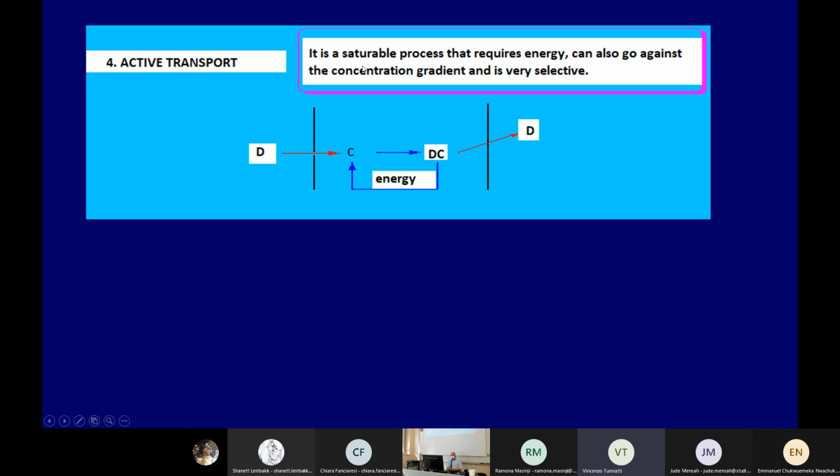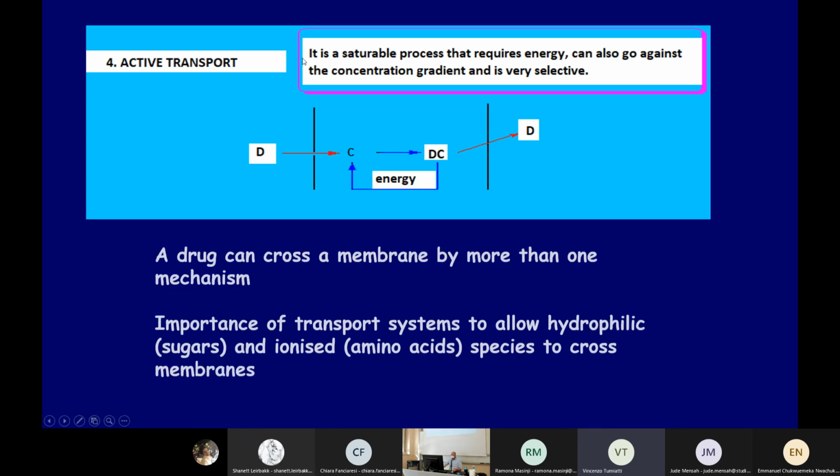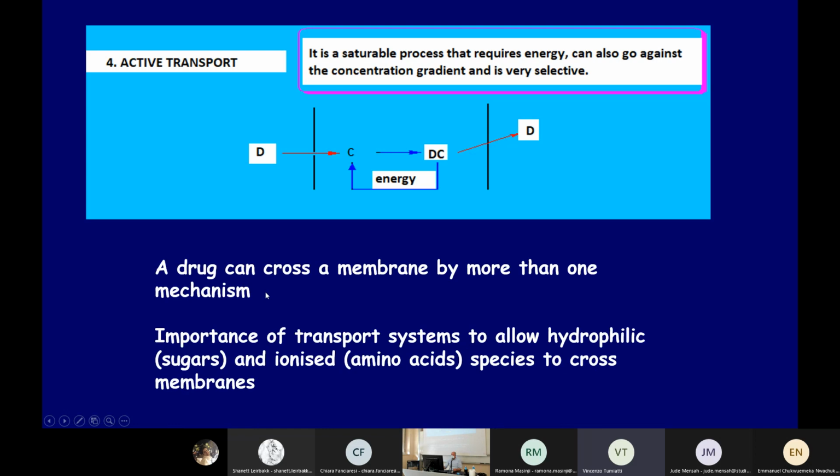It is a saturable process, a limited number of receptors on the carrier system. It requires energy, can also go against the concentration gradient, is very selective. We can say that a drug can cross the membrane by more than one mechanism, okay?